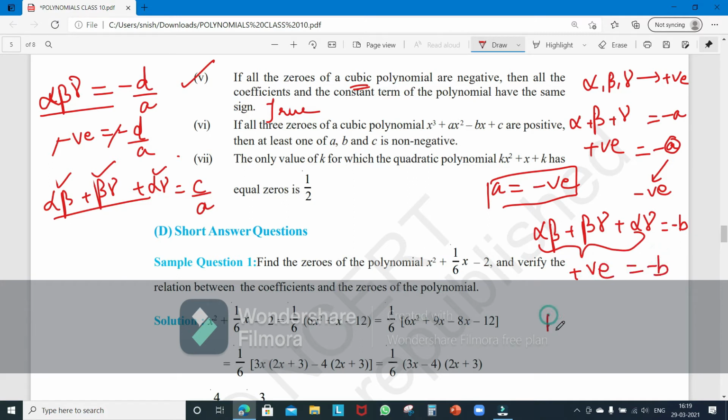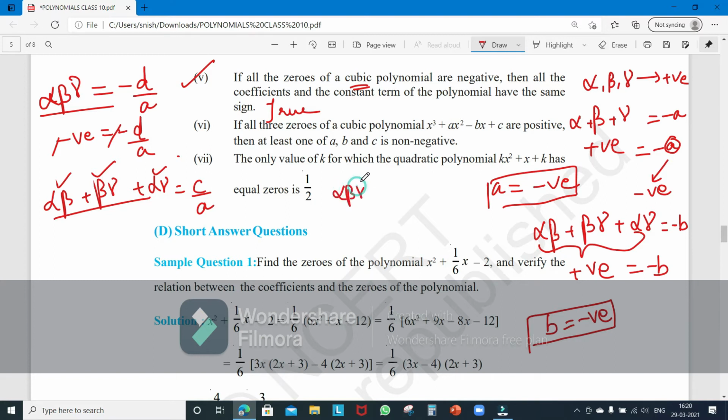Again B should be negative, that we got from the previous one. Second conclusion. Here they said that at least one of these should be non-negative, but we got 2 of them as negative. So now the sign of C is the determining factor.